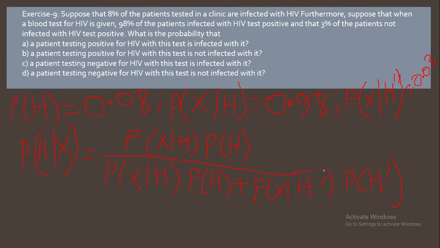Now we need to find the probability of H prime too, because we have the probability of X given H prime, probability of H, and probability of X given H, but we don't have the probability of H prime. So how can we find it? The probability of H prime equals 1 minus the probability of H. So P of H prime will be 1 minus 0.08, which is 0.92.